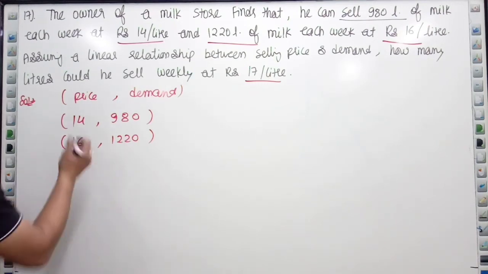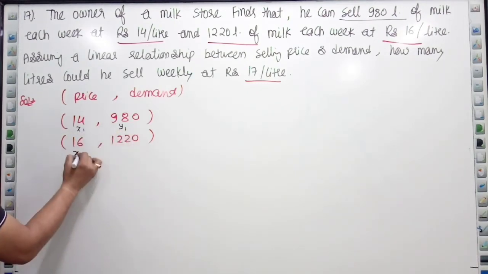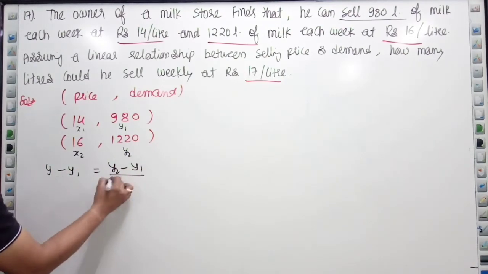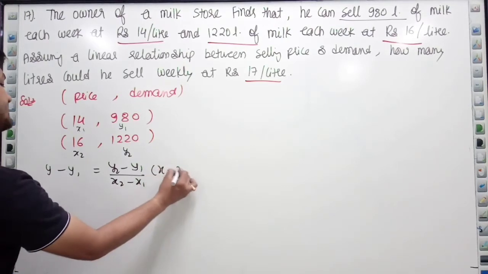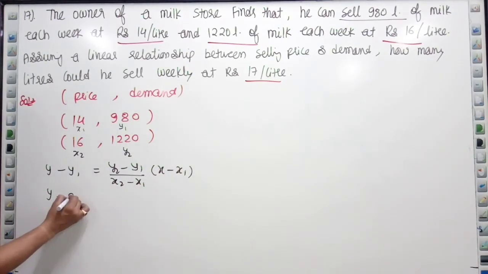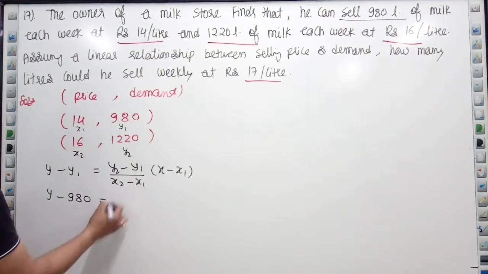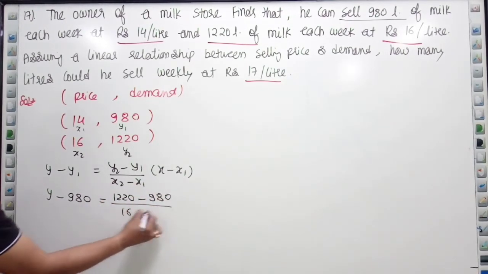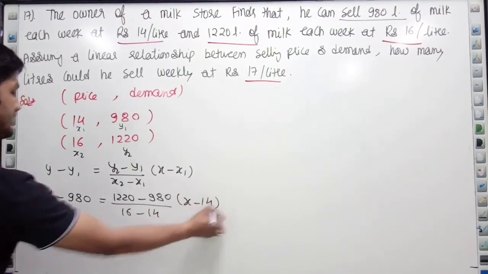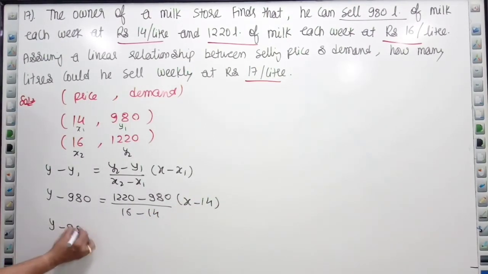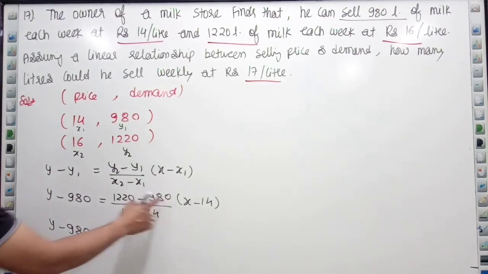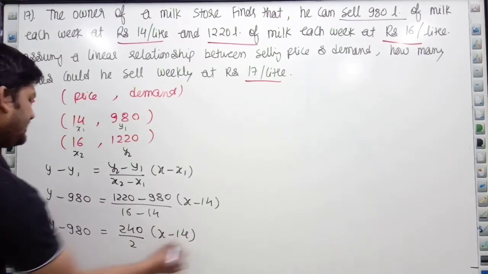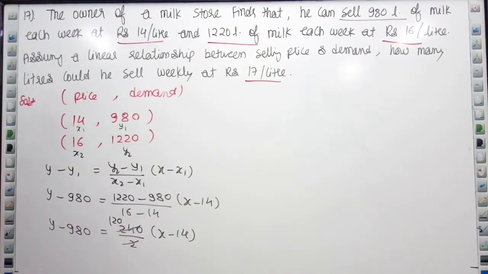So if I write it as x1, y1, x2, y2, can I write the equation y − y1 = (y2 − y1)/(x2 − x1) (x − x1)? y1 is 980, y2 − y1 is 1220 − 980 upon 16 − 14, (x − 14). y − 980 is equal to 240 upon 2 (x − 14), which is 120, right?